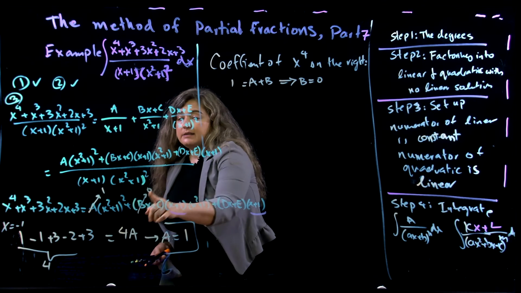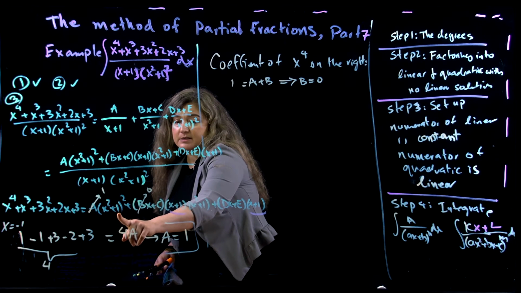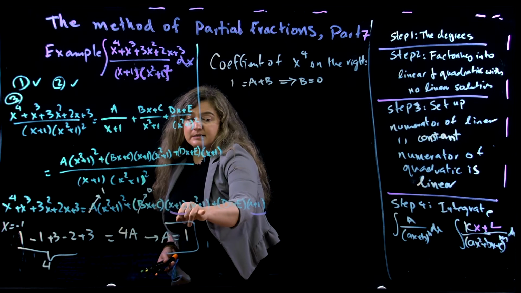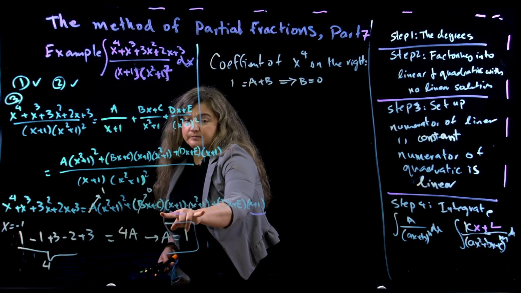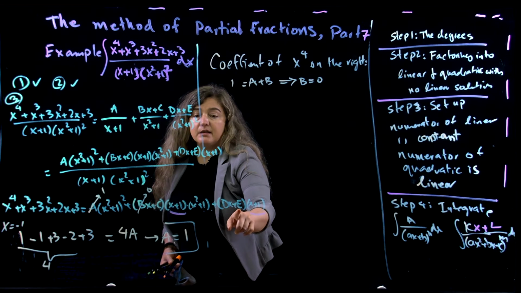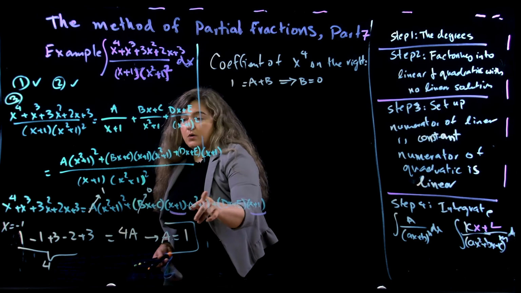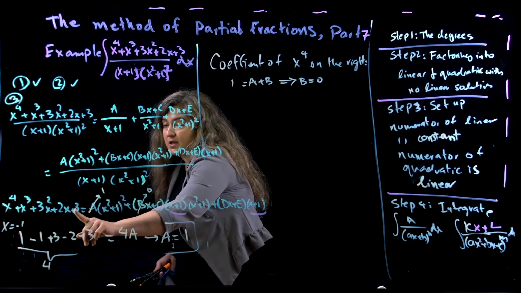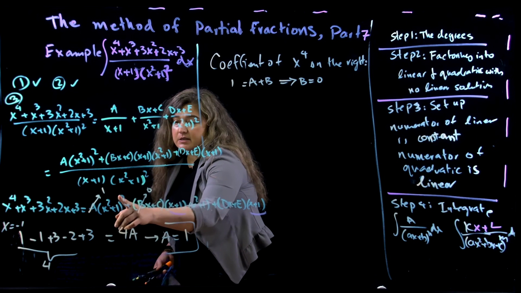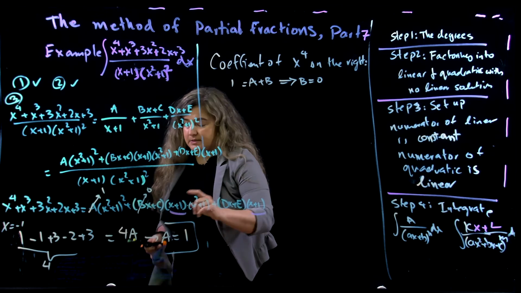I know that a constant 1 appears in here, and a constant c appears in here, and a constant e appears in here. So the constant on the left side is 3, and what I have here is 1 plus c plus e.